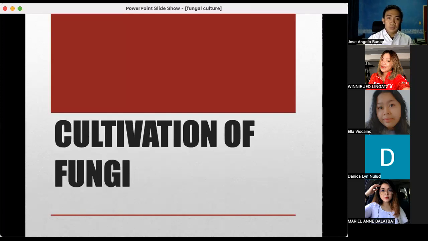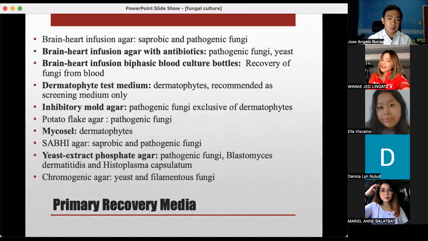Okay, so we do have your cultivation of fungi, yung mga fungal culture natin. So earlier, we have mentioned your Sabouraud dextrose agar as your primary culture media for your fungal cultivation. But we do have other agars such as your BHI agar enriched with blood and antimicrobial agents.